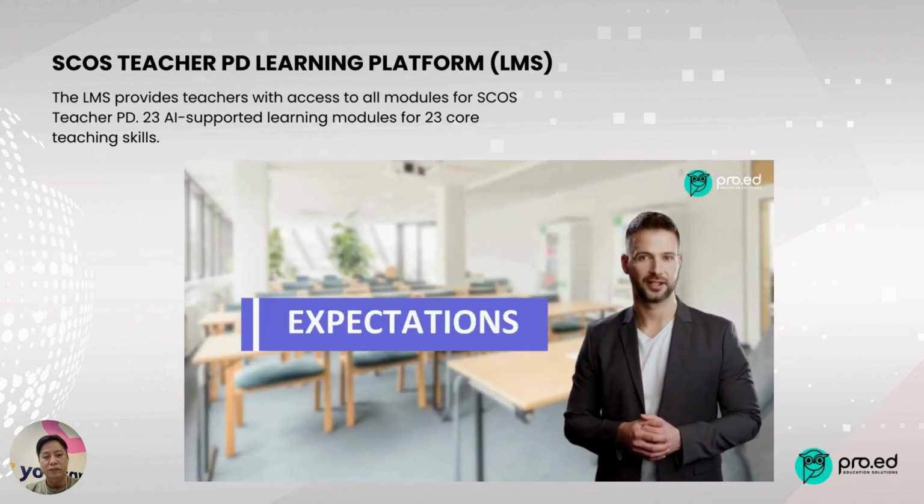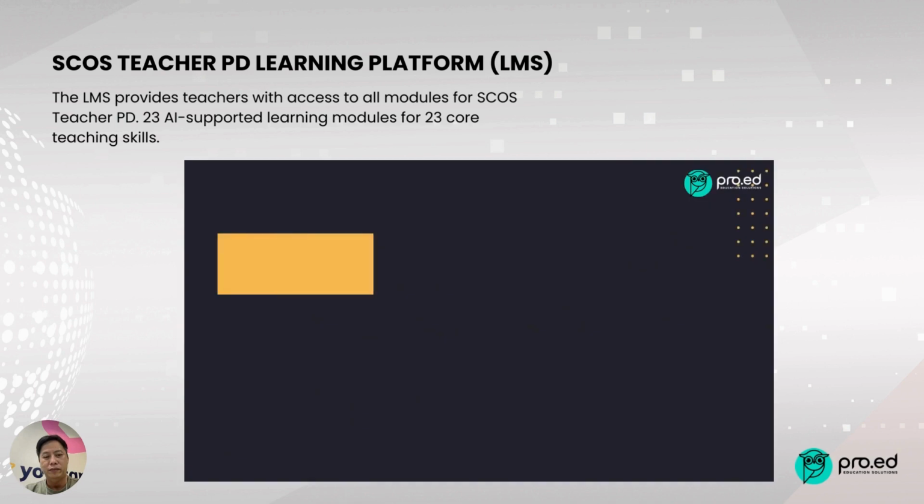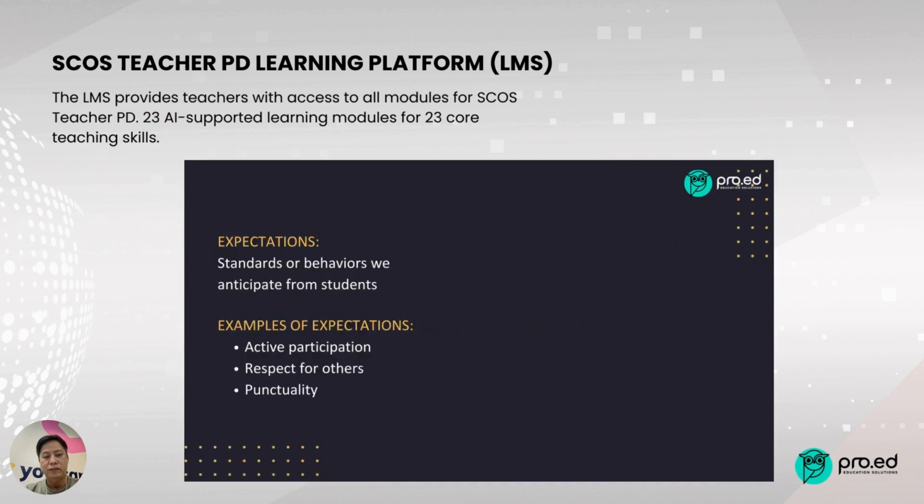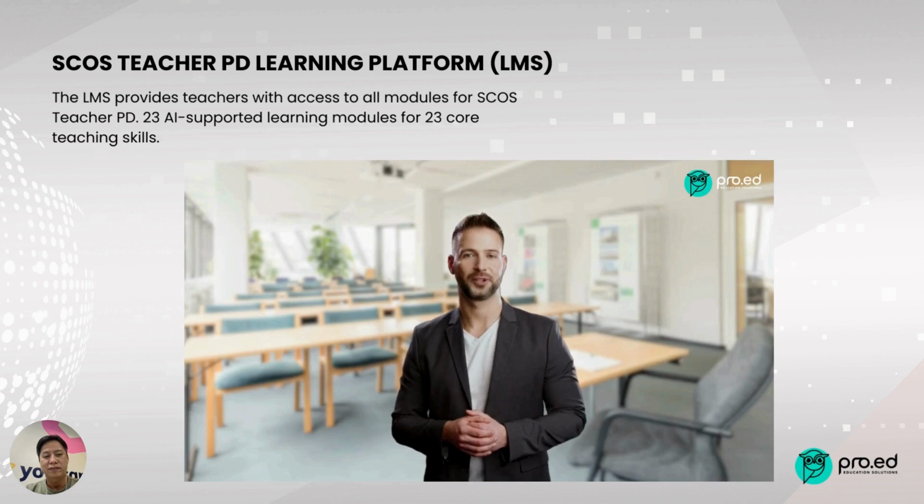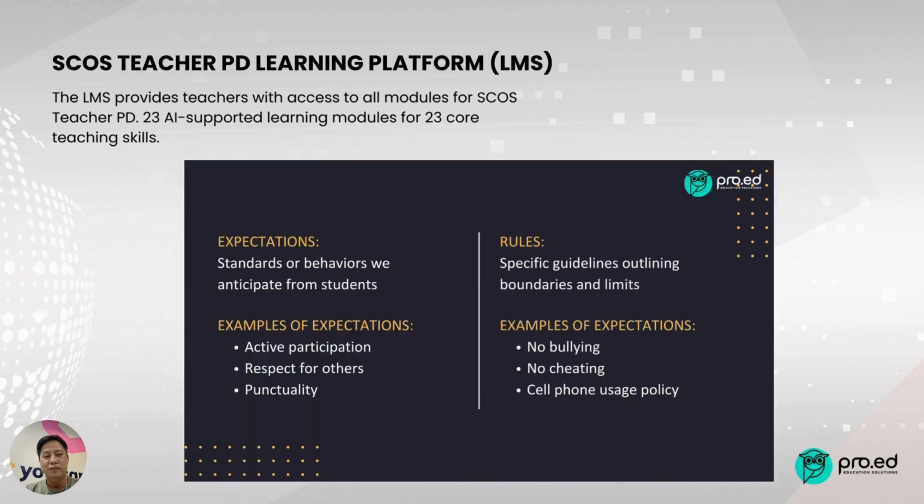So, what do we mean by expectations? Expectations are the standards or behaviors we anticipate from our students. They set the tone for the class and help create a structured learning environment. Rules, on the other hand, are specific guidelines that outline the boundaries and limits within the classroom.